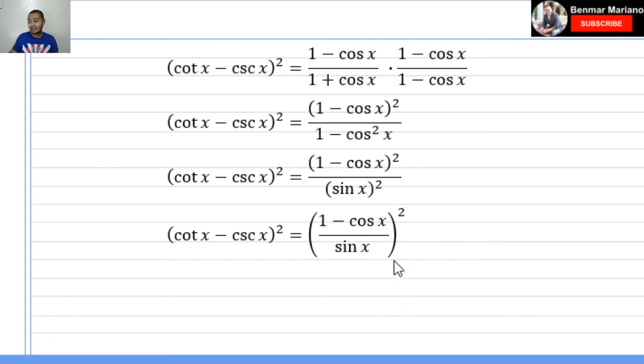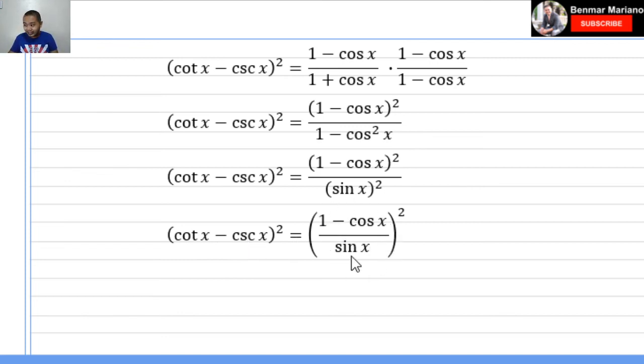Now, as you can see here, the one on the left side is a quantity squared, while on the right side, it's now also a quantity squared. So we achieve the exponent 2. So what we're going to manipulate now is the base. We need to make sure that this one will be equal to cotangent x minus cosecant x. What we're going to do now is to separate these two.